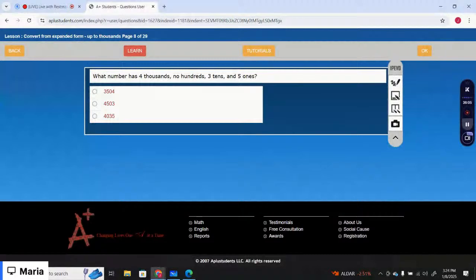What number has 4,000s, no hundreds, 3 tens, and 5 ones?